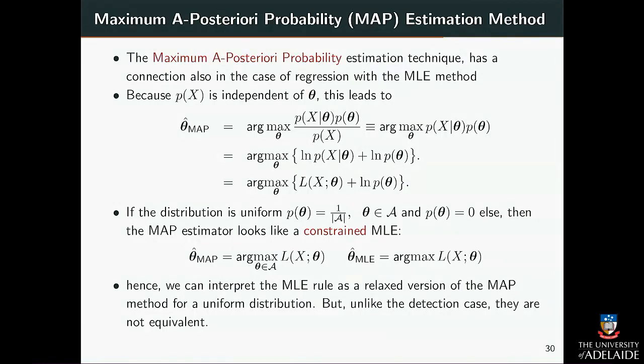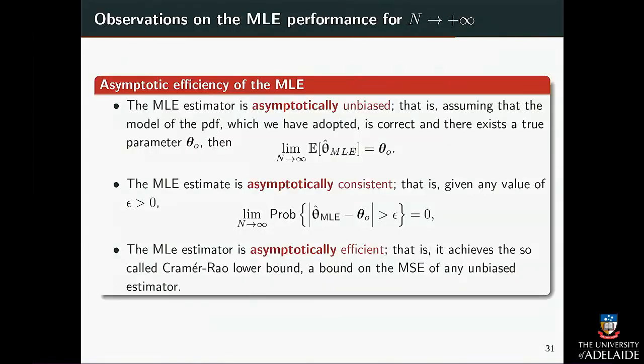So you can interpret the maximum likelihood as being a relaxed version of the MAP detector for a uniform distribution in a set. You're just relaxing the fact that you think it belongs to a set. But other than that, unlike the maximum likelihood detection, where you can choose the uniform distribution and you have the same rule, here you don't have a real parallel in the classical flavor.